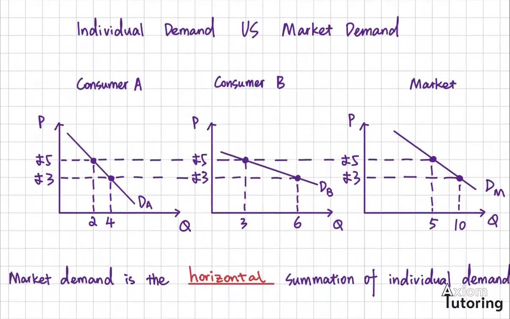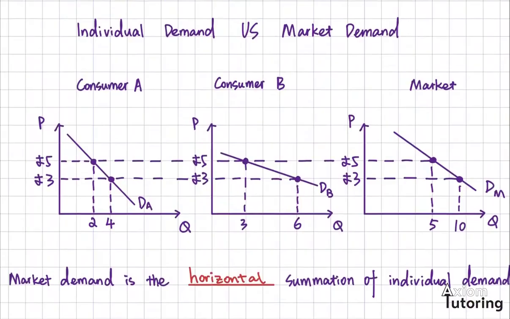A-level economics also requires us to understand the difference between individual and market demand. Individual demand refers to quantity demanded by one consumer. Here I have drawn two individual demand curves of consumer A and consumer B. Market demand is the horizontal summation of all the individual demand, as I have drawn here as DM.